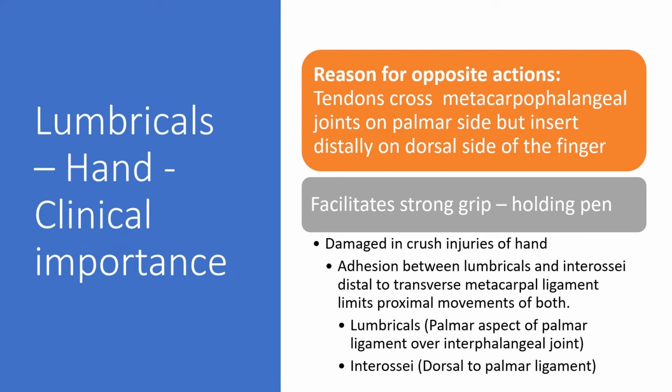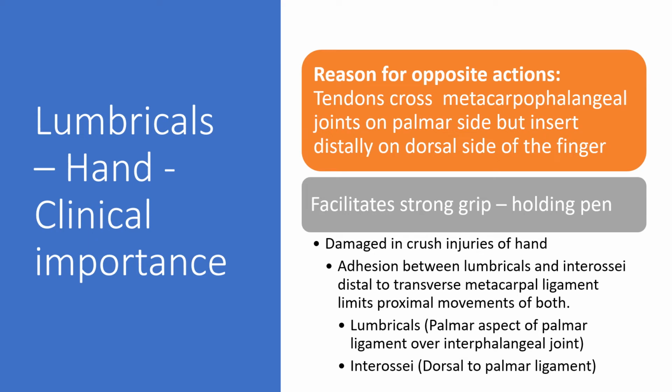That's the reason why their action is opposite on the metacarpophalangeal and interphalangeal joints. And what is the advantage with this? It facilitates strong grip, like holding a pen or a painting brush.